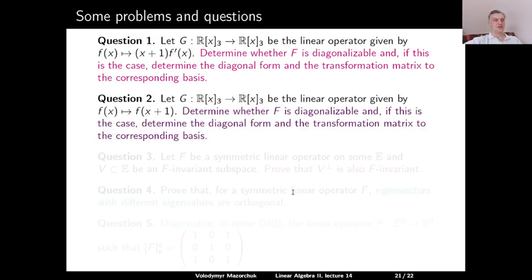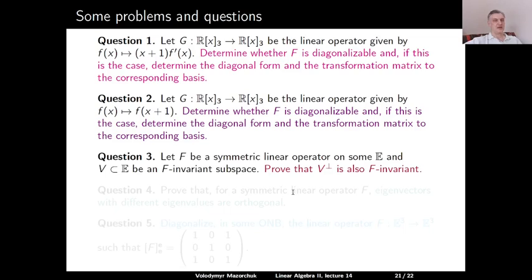Question 2. Let G from R_3[x] to R_3[x] be the linear operator which sends f(x) to f(x+1). Determine whether it is diagonalizable, and, if this is the case, determine the diagonal form and the transformation matrix to the corresponding basis.